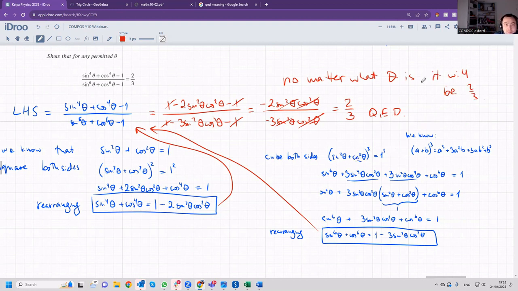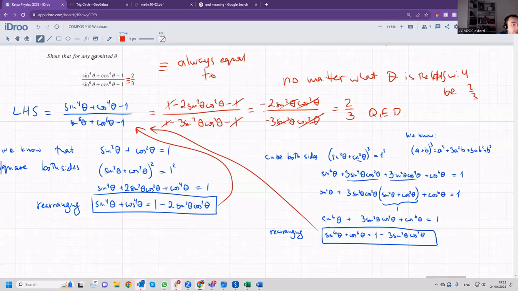The left-hand side will be 2/3. It is an identity, and you could draw it like this with 3 dashes. So 3 lines means always equal to.